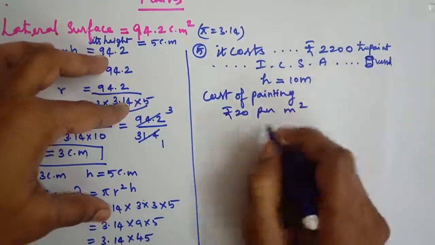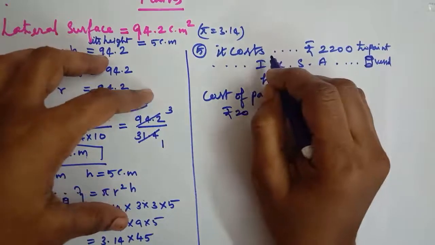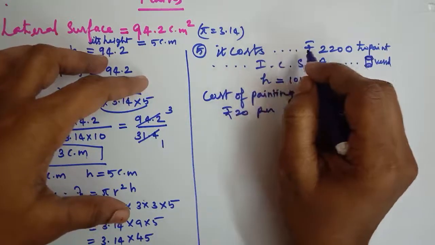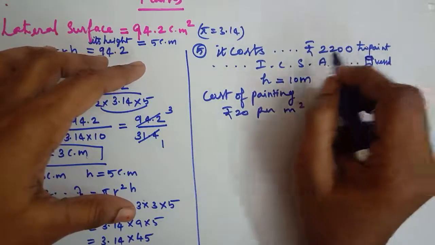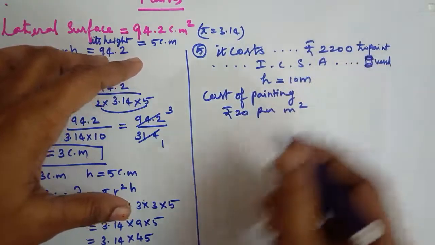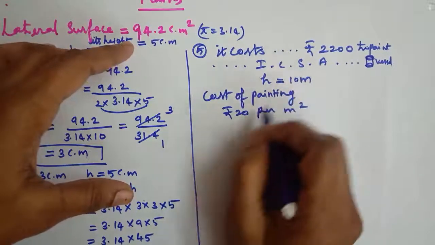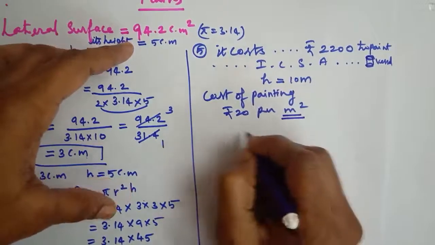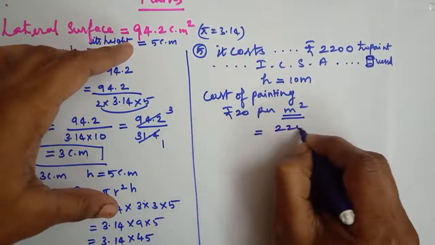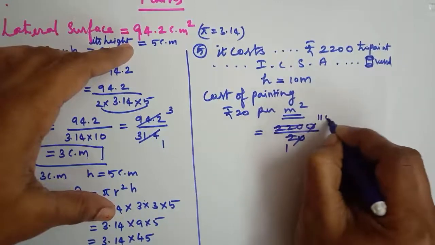Already we know that it costs 2,200 to paint the inner curved surface area of a cylindrical vessel, at rupees 20 per meter square. So from this information we have to find the meter squared. That is equal to 2,200 divided by 20, 110.